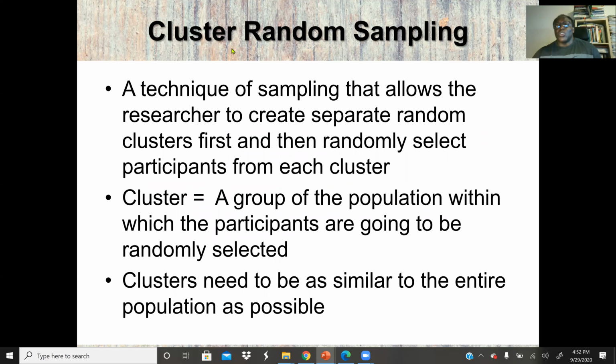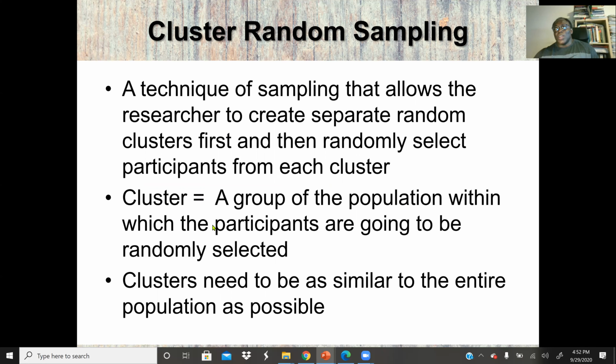So next we go to cluster random sampling. This is a very common technique also. It's a technique of sampling that allows the researcher to create separate random clusters first, then randomly select participants from each cluster.